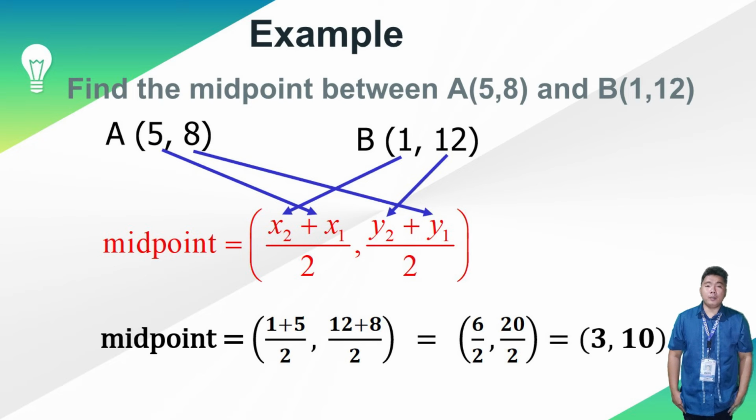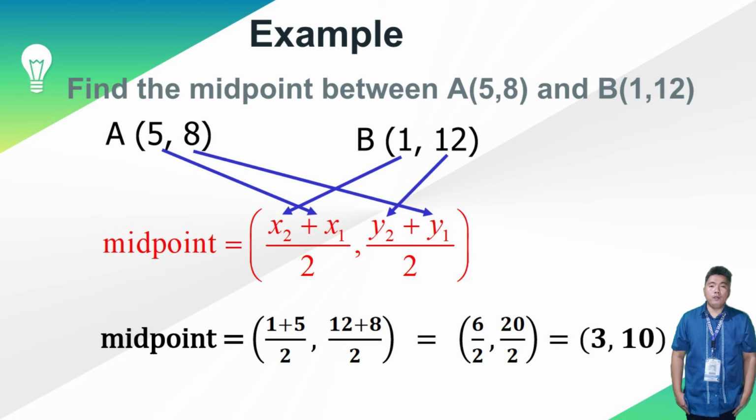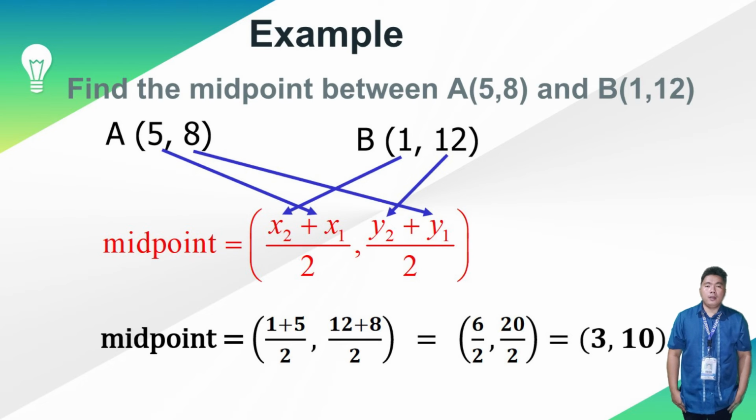By using our midpoint formula, which is equal to the quantity of x sub 2 plus x sub 1 over 2 and y sub 2 plus y sub 1 over 2, we are going now to identify which point has the x sub 1 and y sub 1 and x sub 2 and y sub 2. For point A, that will be our x sub 1 and y sub 1, and for point B, that would be our x sub 2 and y sub 2.